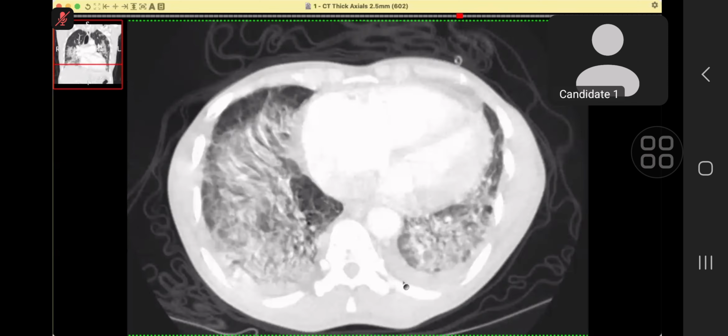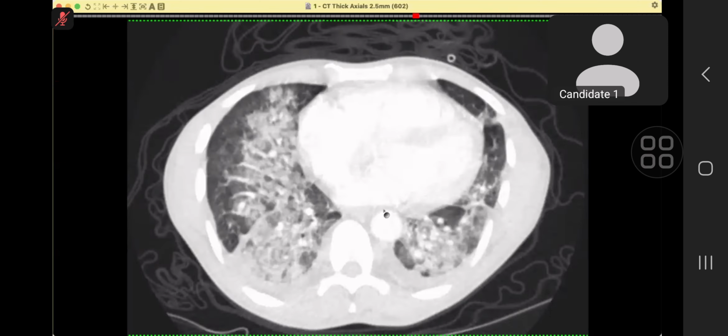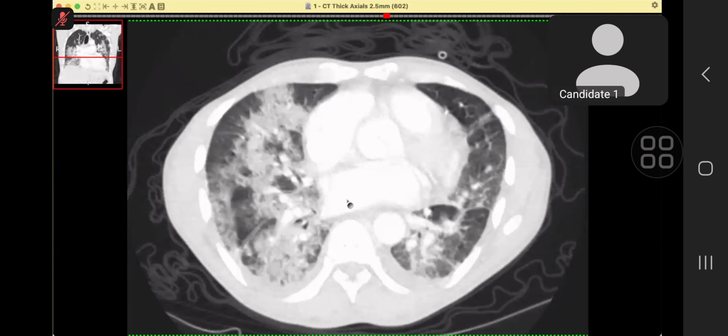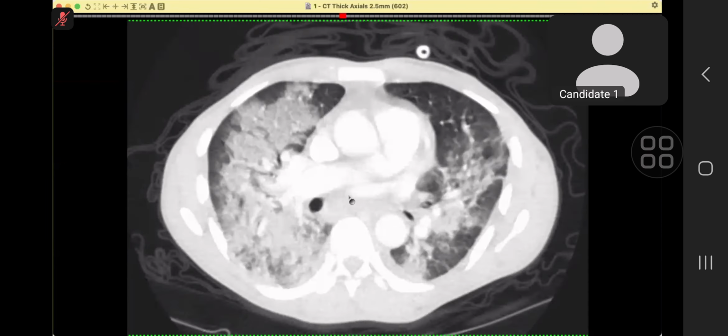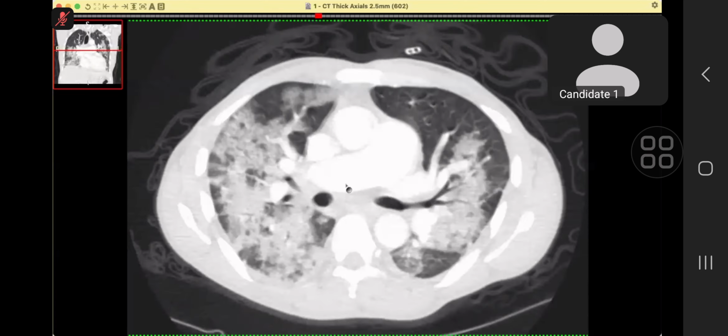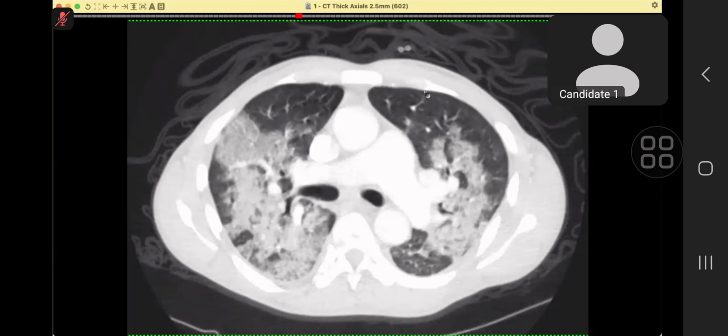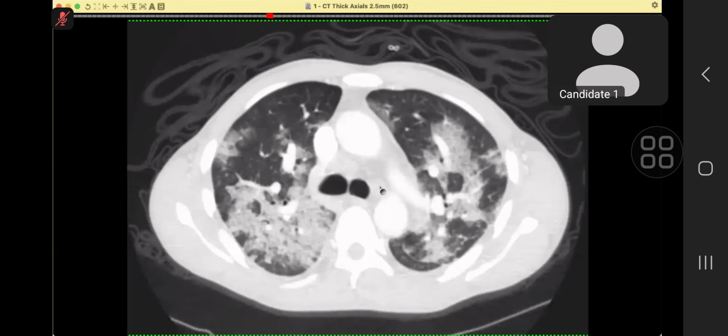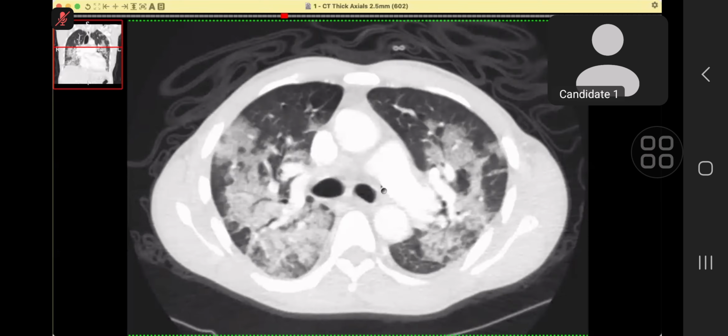There is also evidence of bilateral pleural effusions. Fluid is also seen in the right horizontal fissure. So likely this is a case of cardiogenic pulmonary edema. There is slight sparing of the anterior segments and extreme apices.